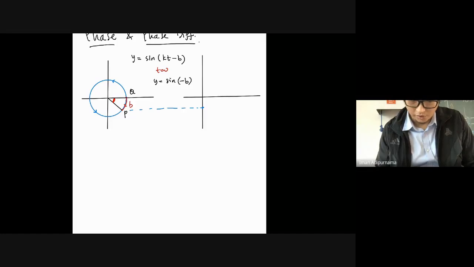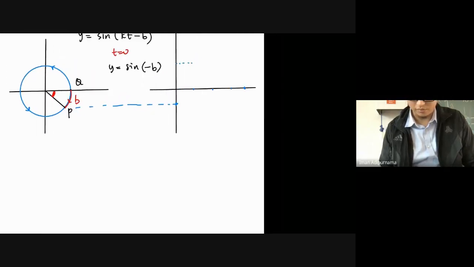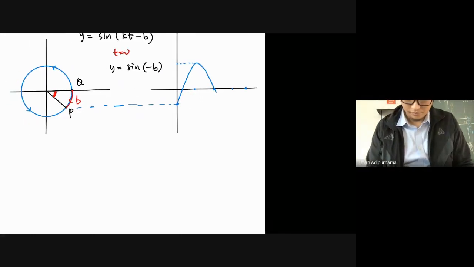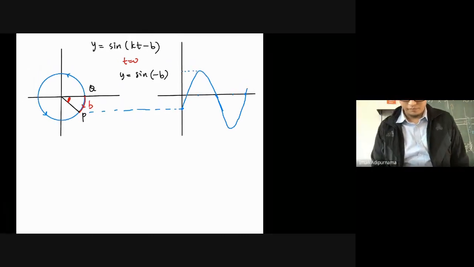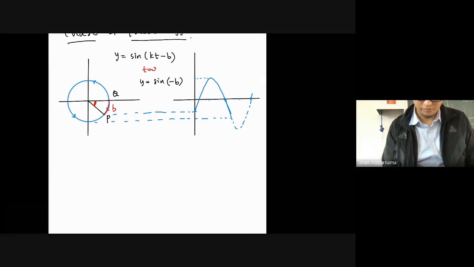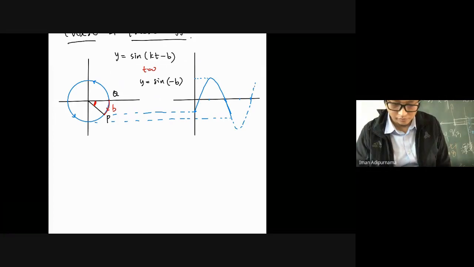Let's say we have here, so we'll have going up. We make, let's say the maximum is, so this should be, okay.